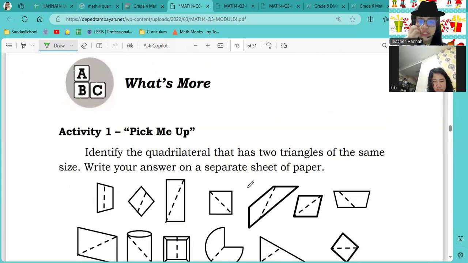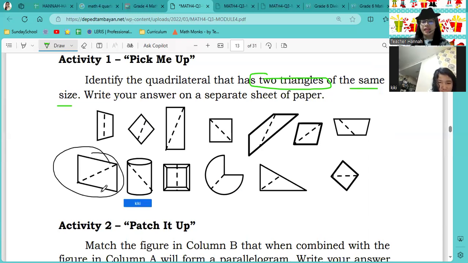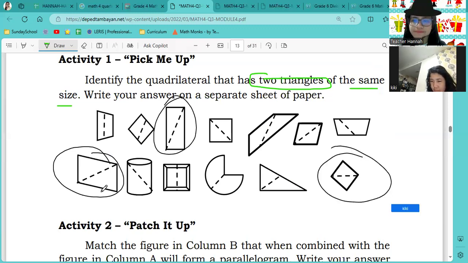So let's try to answer some. Identify the quadrilateral that has two triangles. Which one has two triangles of the same size? Can you circle? Okay, very good. What else? Very good.